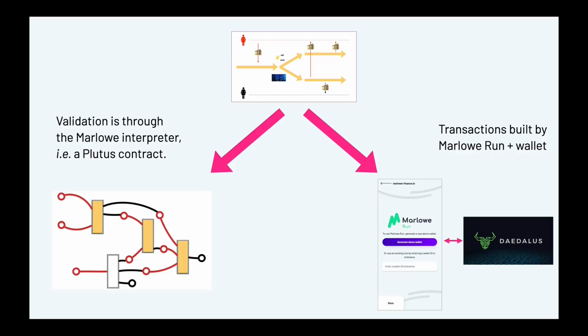So using Marlowe Run and an associated wallet, we construct the transactions. And we get a flow of information in both directions. Marlowe Run will submit transactions to the blockchain that then can be checked, validated by the Marlowe interpreter, which is itself a Plutus contract. It's one of the largest Plutus contracts that exists.